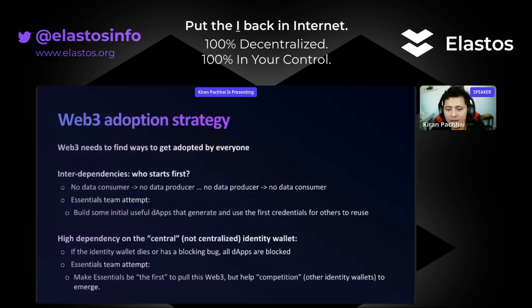And so what Essentials is trying to do is, we want to make Essentials the first to pull this off, but also in the same way compete with other identity wallets, so that if we show other wallets the way, then maybe other wallets could also integrate identity wallets rather than just crypto wallets that are out there.